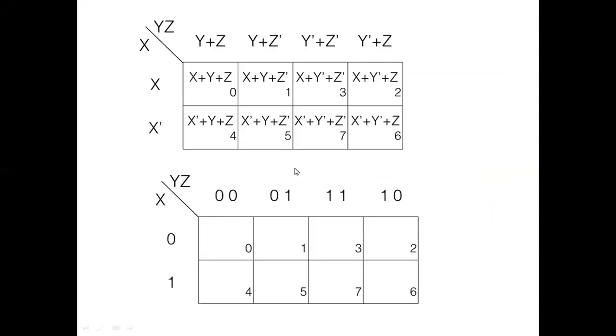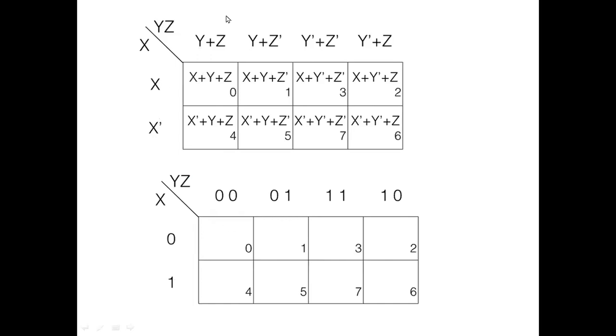In the case of POS, 0 is the true value, and 1 is its complement. So 0 is equal to x, 1 is x bar, and each cell is representing some term. As I told you already, for the 0, 0, 0 column, 0 is its true value.